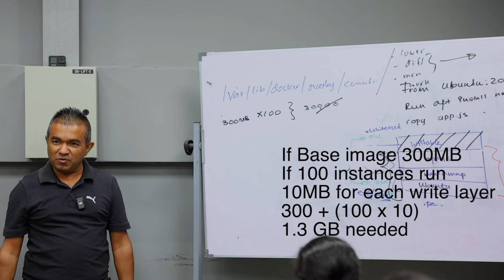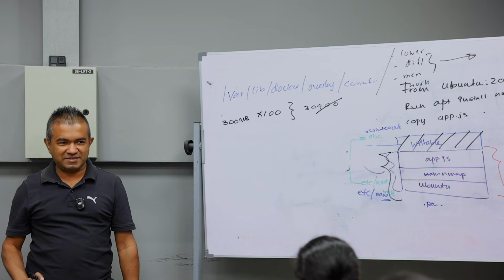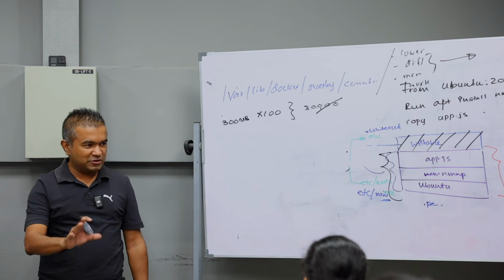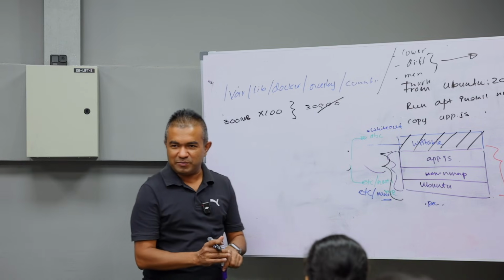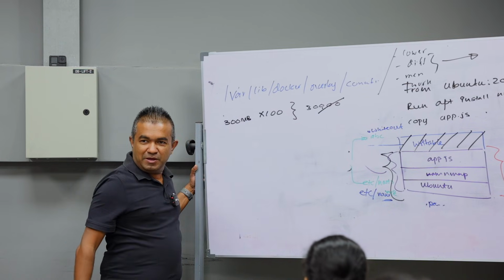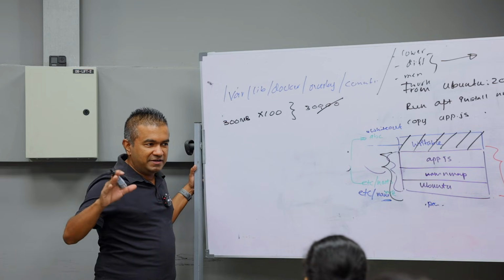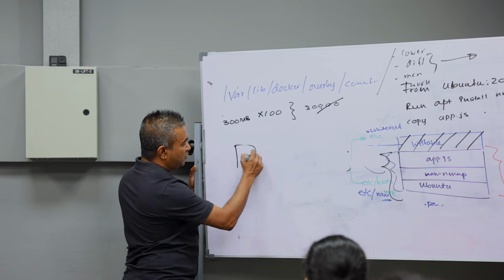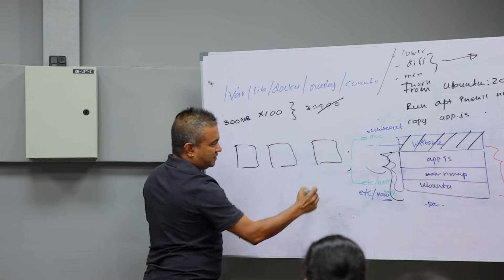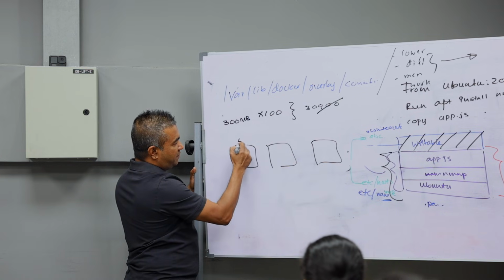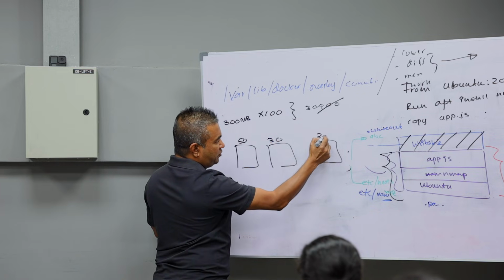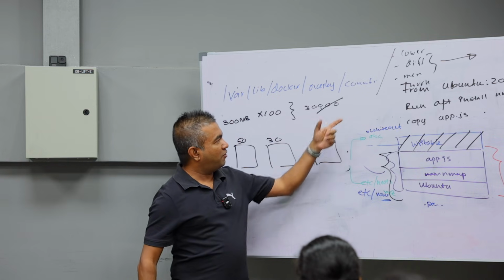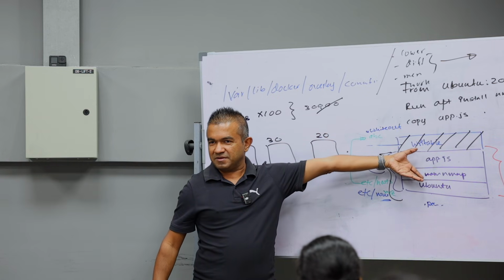Why is this important to understand? In a Kubernetes type of environment, we are going to learn Kubernetes, this 100 may be divided across 3 different nodes. A node means a host. So this runs 50, this runs 30, this runs 20. Now don't think they are all pointing to the same file system.